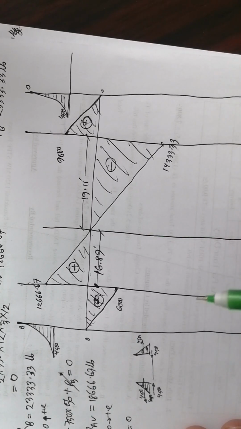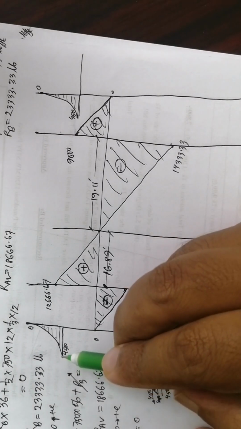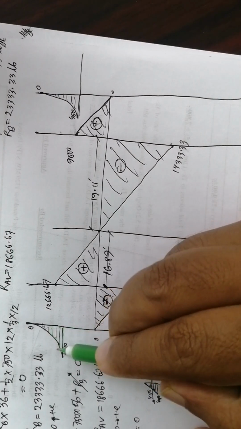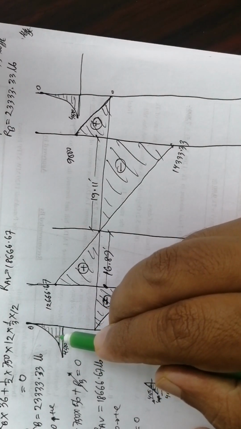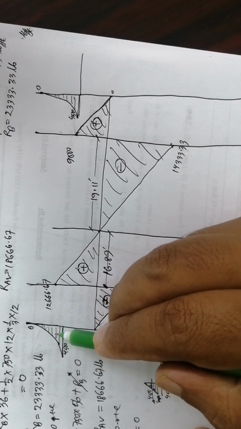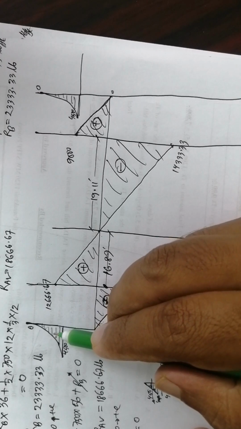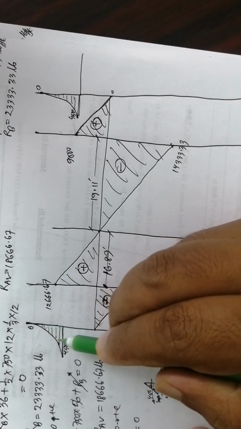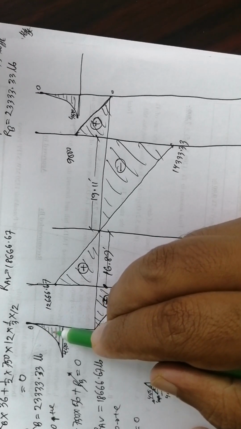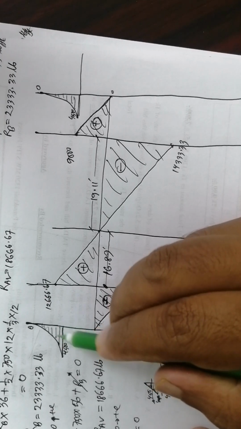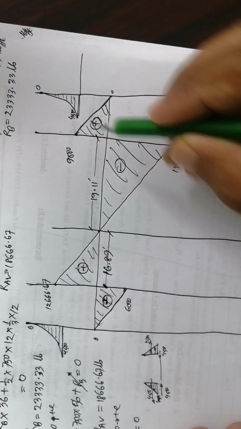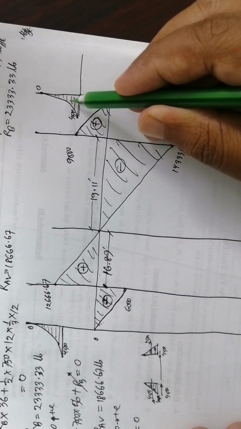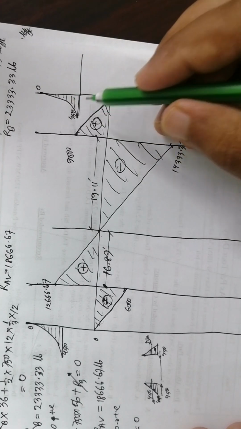For moment diagram, this is parabola shaped. So we can calculate the moment diagram by the area method, which is very easy. The formula for this area is 1/3 of BH, and this is triangular, this is triangular, this is also 1/3 of BH, parabola shaped.